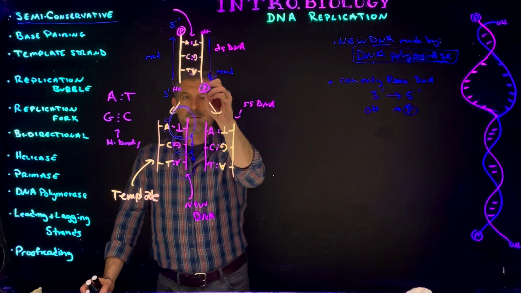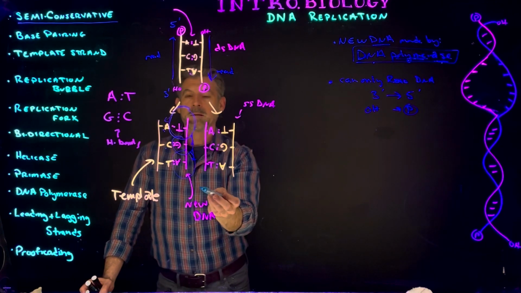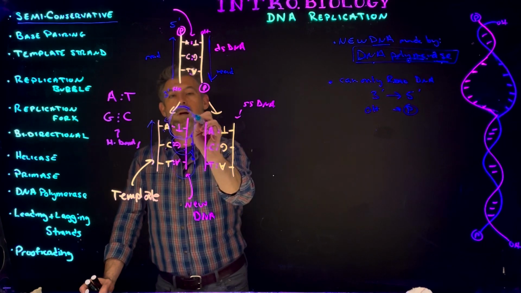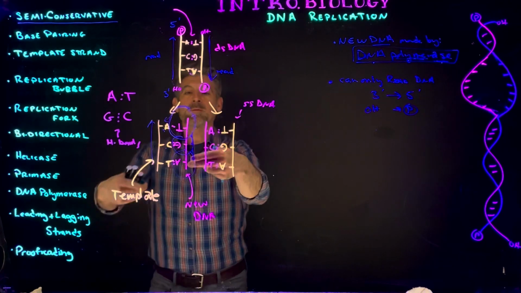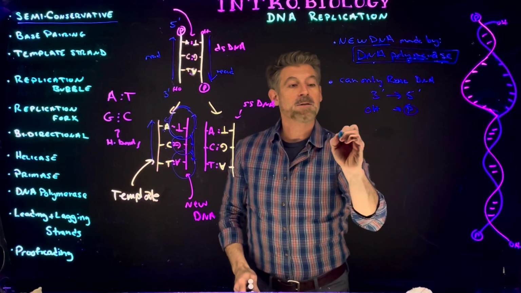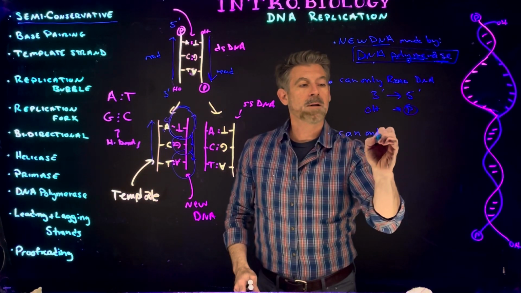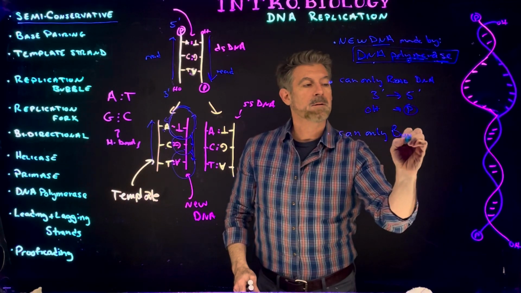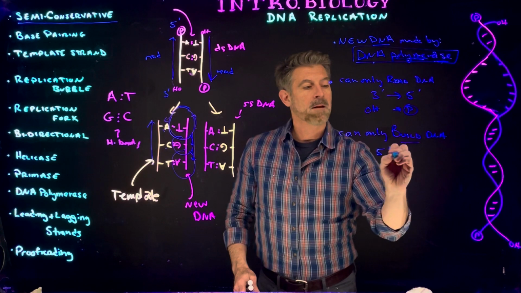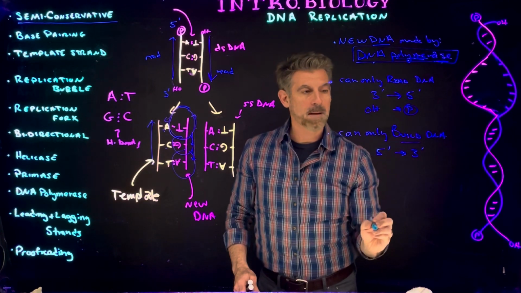So that means if one of these was going one way, it would actually have to be reading this like that. So that means it's building this one along it. But remember, the strands are anti-parallel, so it can only build DNA 5' to 3'.